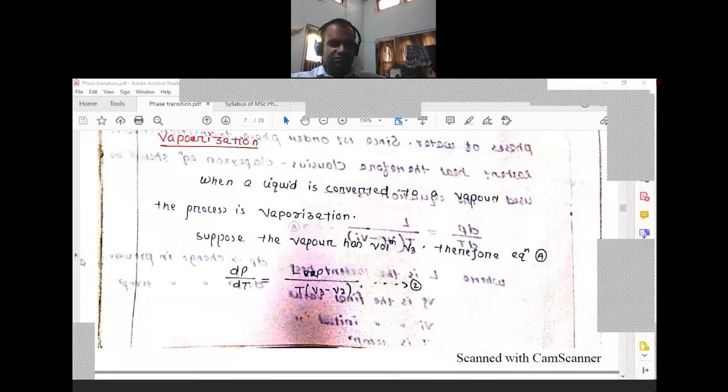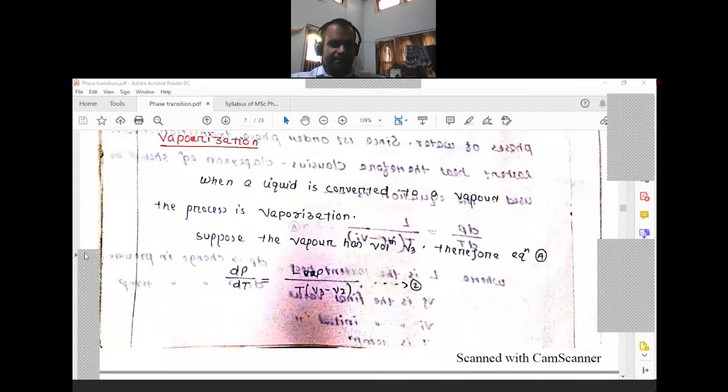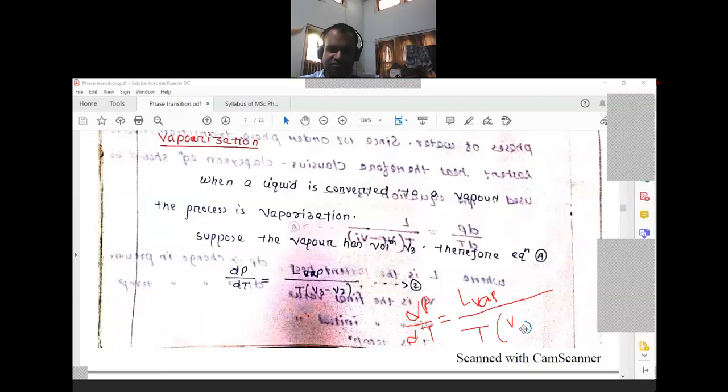Therefore, how will you write the Clausius-Clapeyron equation? dP over dT is equal to L_vap divided by T times (V3 minus V2). Here L_vap stands for the latent heat of vaporization. So dP over dT equals L_vap divided by T(V3 minus V2).